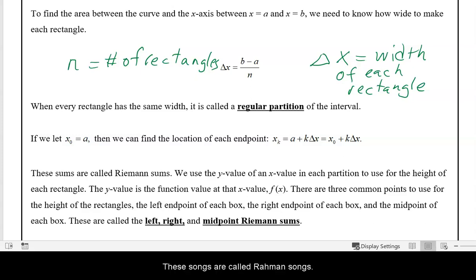These sums are called Riemann sums. We use the y value of one of the x values in each partition as the height of the rectangle. The y value is, of course, the function value at that x coordinate. The three common ones are the three we've already seen: the left Riemann sum, the right Riemann sum, and the midpoint Riemann sum.